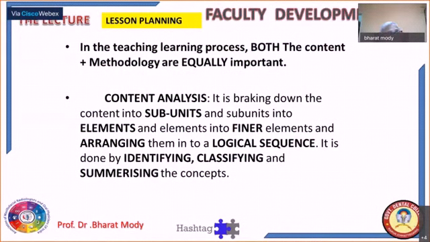And basically, we have to see what interlinking is there. The finer elements also will be linked to the major unit or subunit, and how that interplay takes place. That ultimately constitutes the concept web.